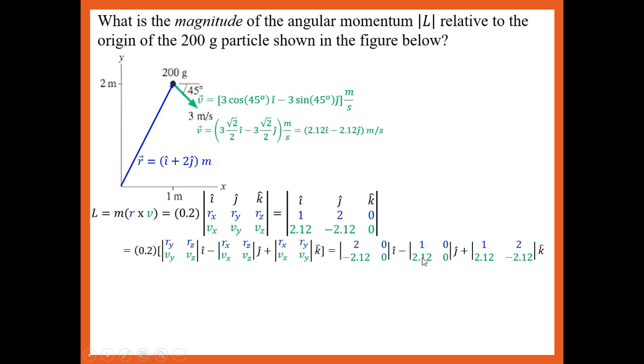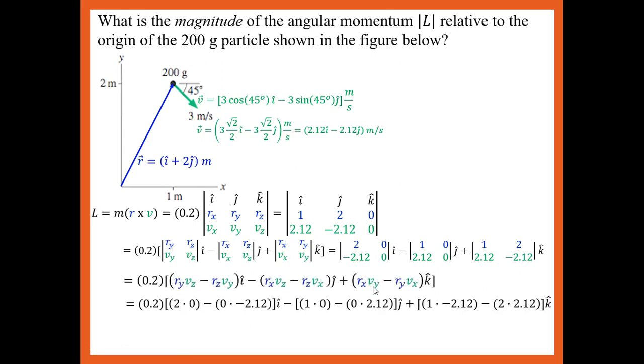So you can fill the rest of this out again at your own leisure if you want to pause the video and make sure things are in the right spot. And then from there, we just cross multiply and take the difference. So for example, it'll be 2 times 0, and then 0 times negative 2.12, which I have on the screen here for you. Okay, so make sure all the values are in.